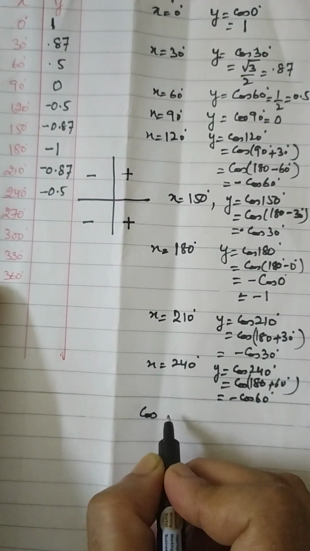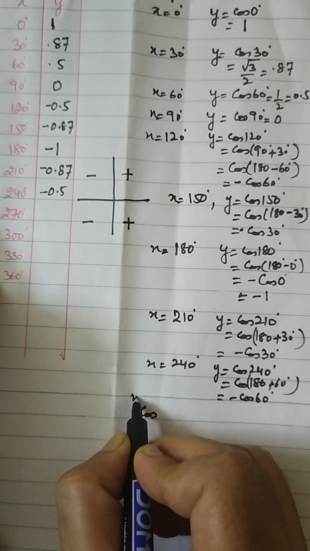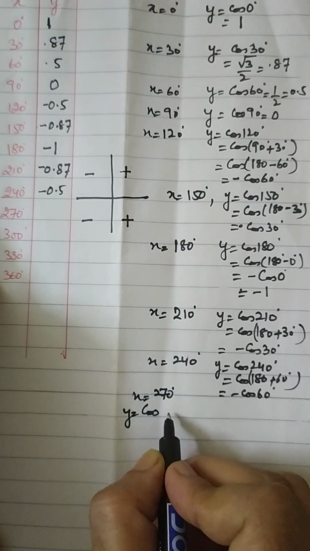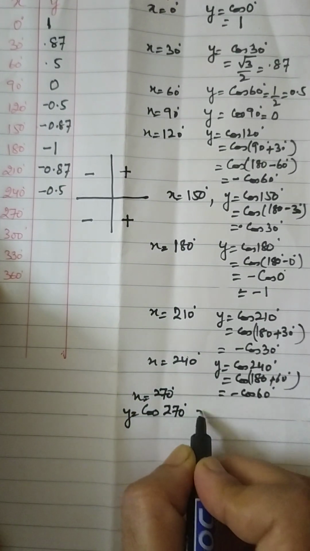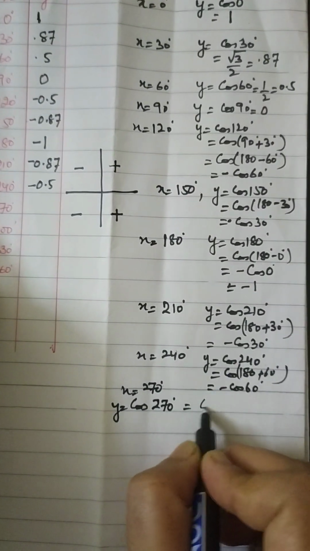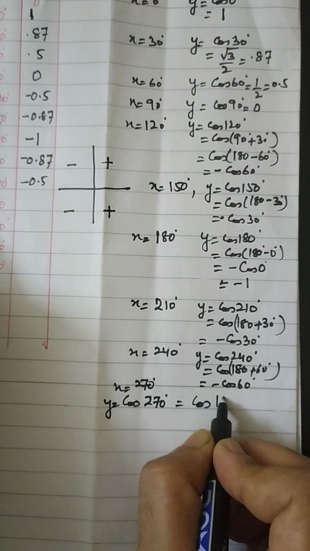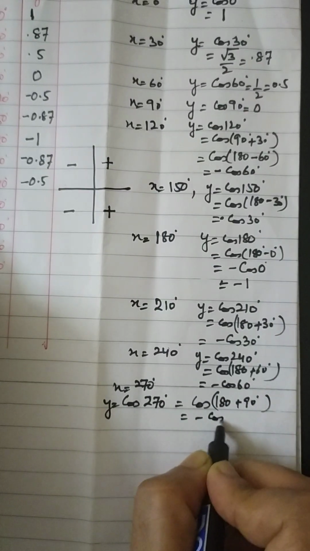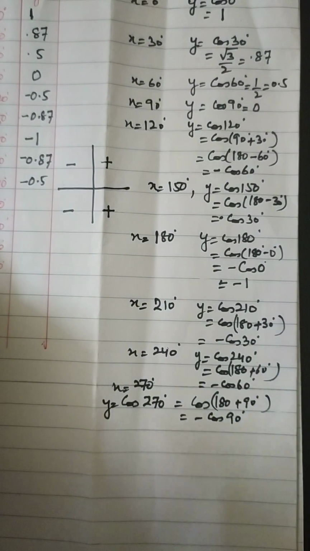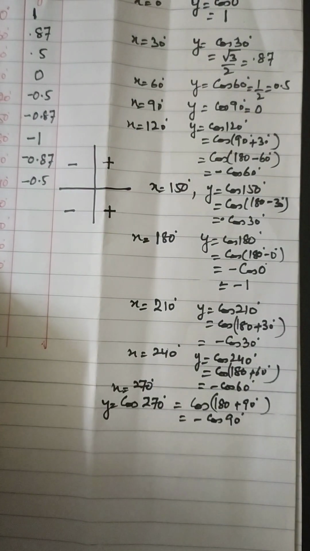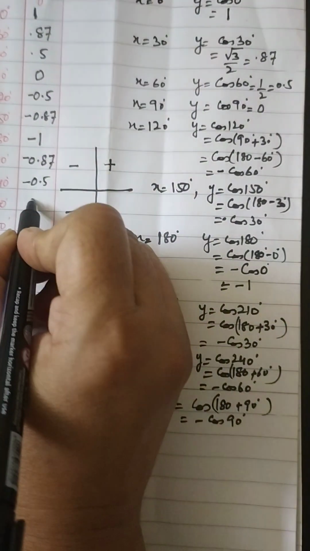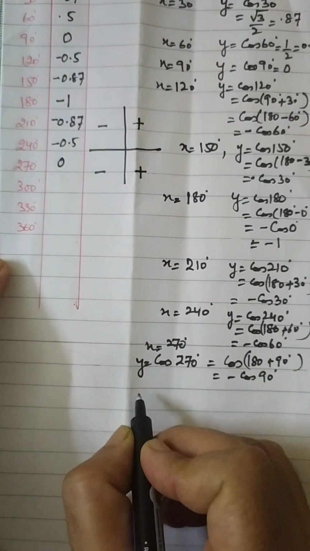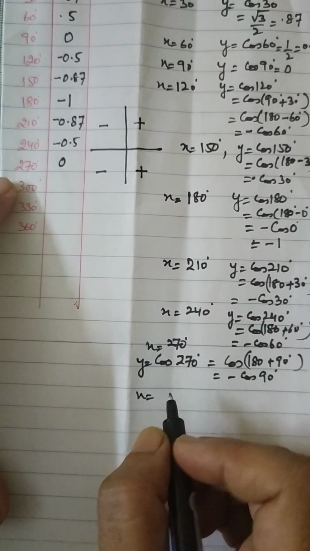Now we take x equal to 270, then cos 270 is 180 plus 90. So minus cos 90. At 90 cos is 0. So this is 0 here. Now let us take another value 300.